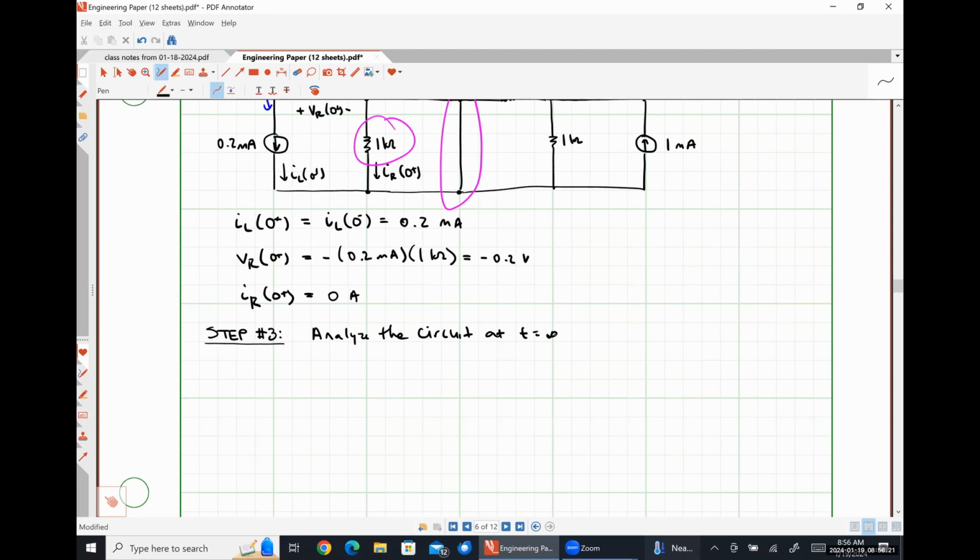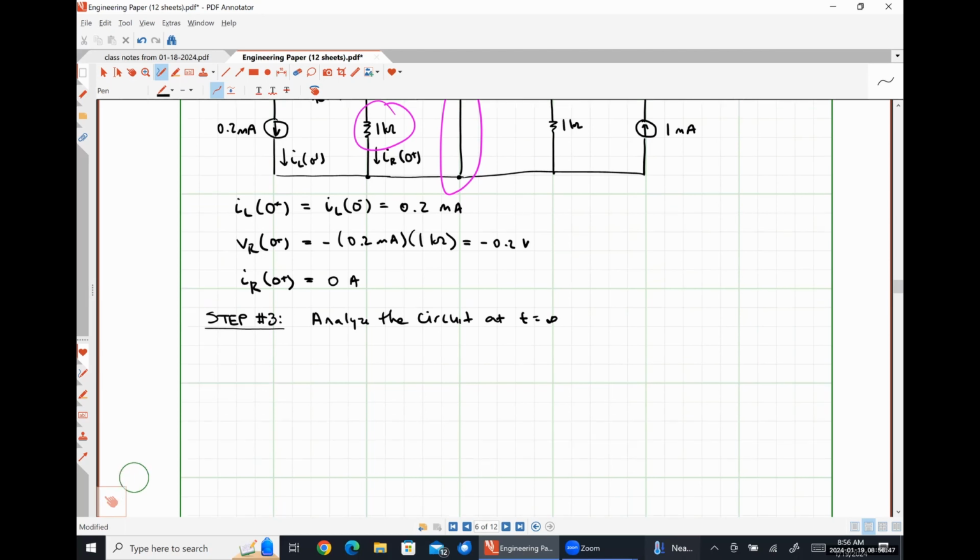Next Monday, we're going to talk about sources that are effectively left connected to our first order networks, and there the analysis at t is equal to infinity will be necessary. But for a natural response system like the one we're dealing with, all of our currents and voltages of interest are going to decay to 0 at t is equal to infinity. We'll see that here in a moment.